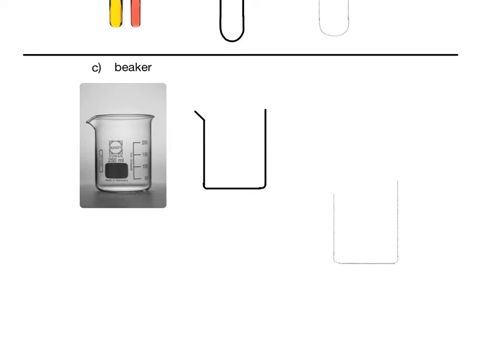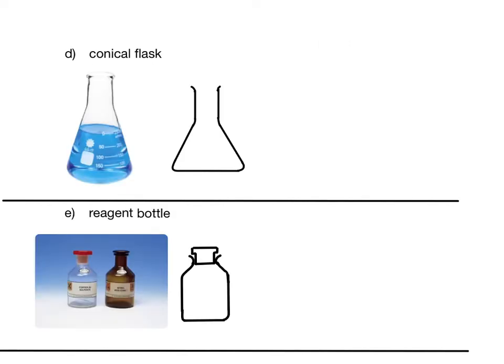Oh, not that good. Okay, so the next one will be the conical flask. Again, start from straight lines. So I'm sure you can draw much better than mine.